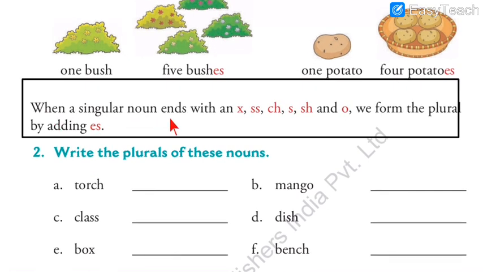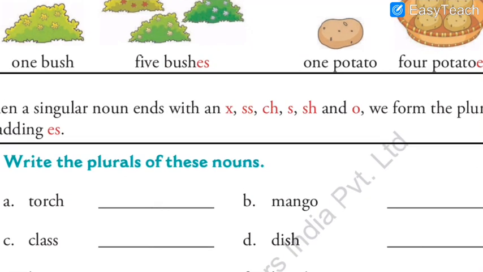So when a singular noun ends with s, x, z, ch, sh and o, we form the plural by adding es. So what is going to happen?